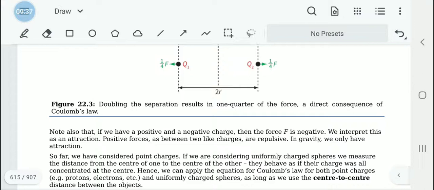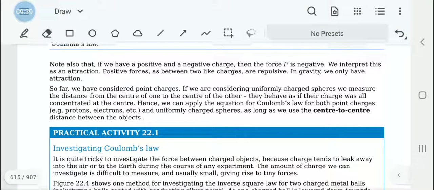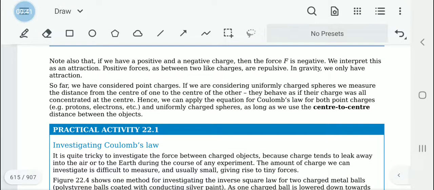So in this situation, we have discussed only the point charges. If we discuss uniformly charged spheres, then we have to take the distance from the center of one of the spheres to the center of the other.